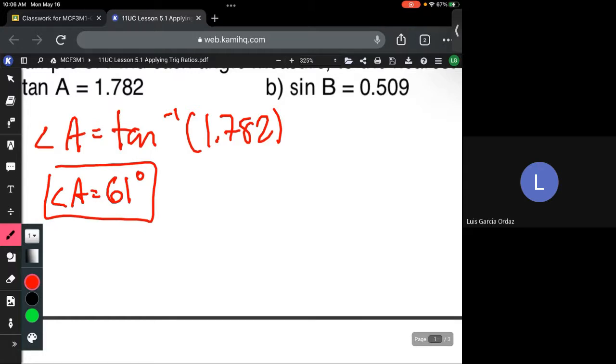And you're doing the same thing with the other ones. 61.